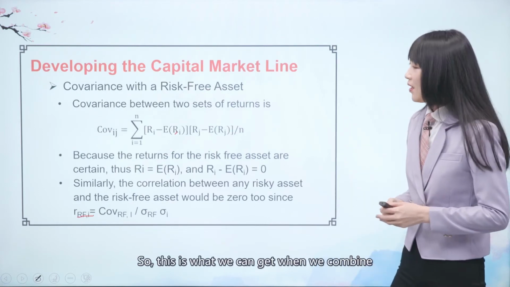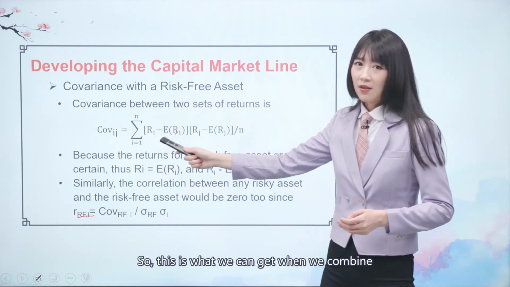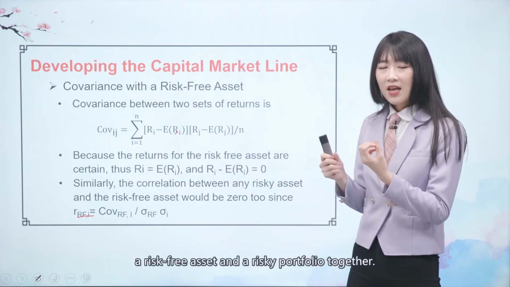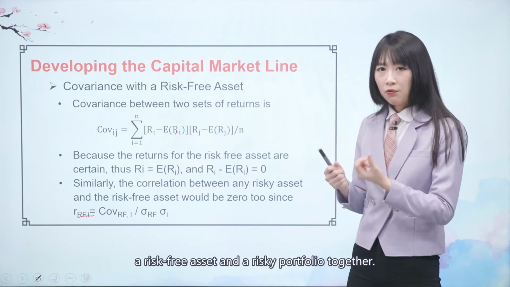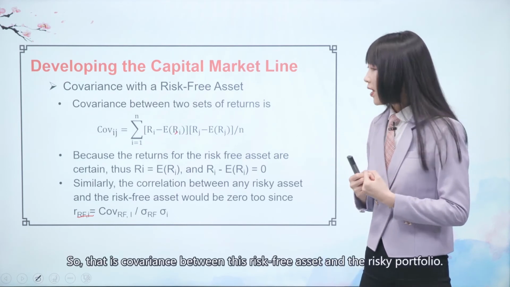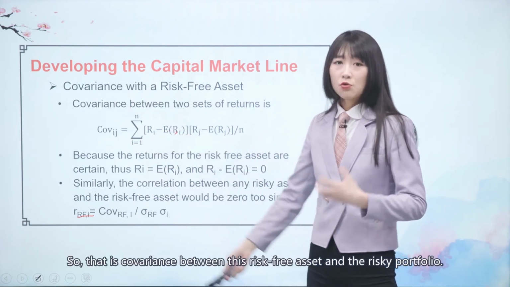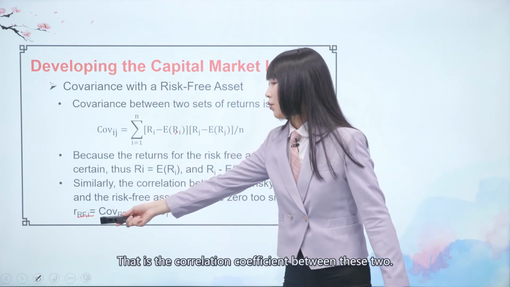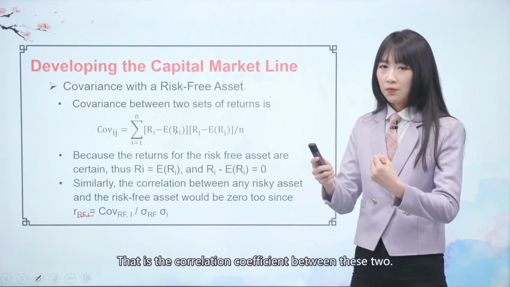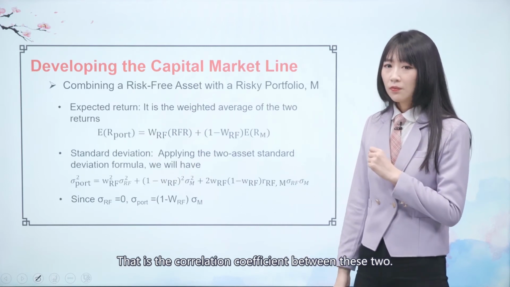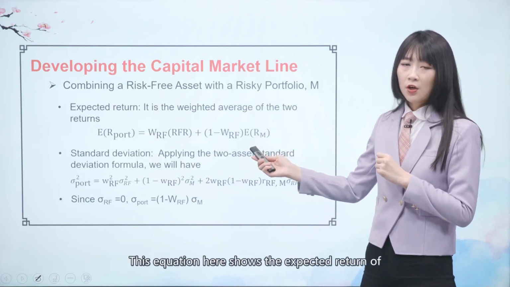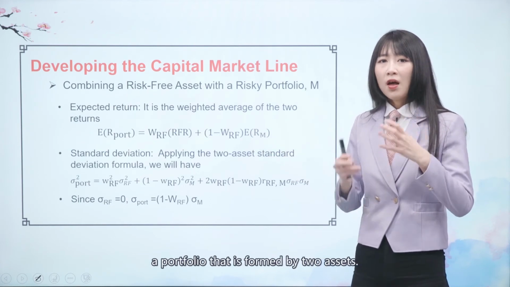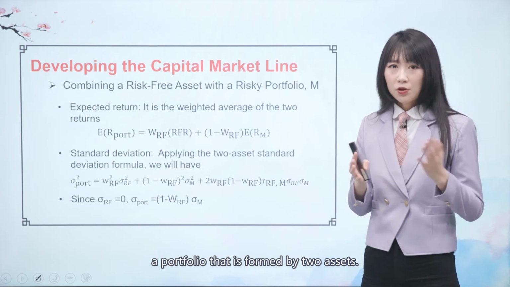So this is what we can get when we combine a risk-free asset and a risky portfolio together. So that is the covariance between this risk-free asset and the risky portfolio. That is the correlation coefficient between these two. Now, this equation here shows the expected return of a portfolio that is formed by two assets.